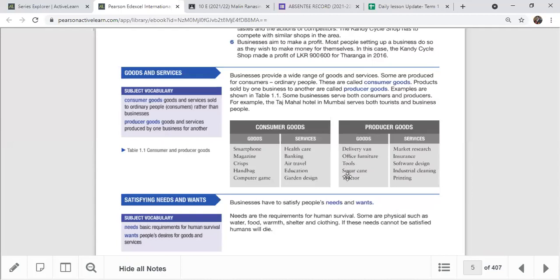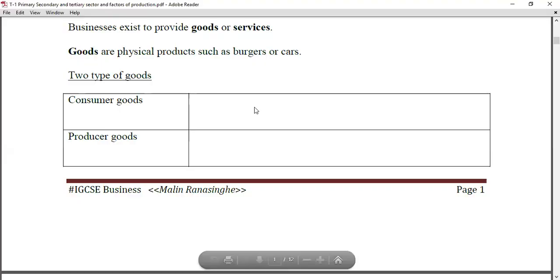For consumer goods you can see crispies, handbags, smartphones. For producer goods you can see tractor, industrial cleaning, tools, sugar cane, delivery van, office furniture. These are the main industrial goods used by business organizations.